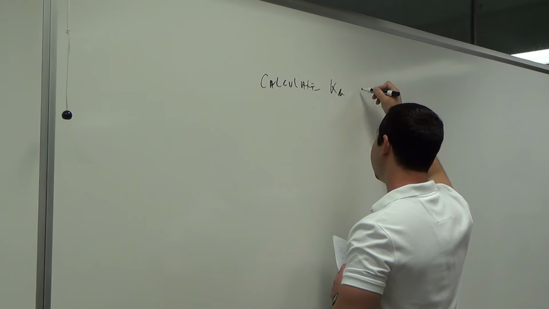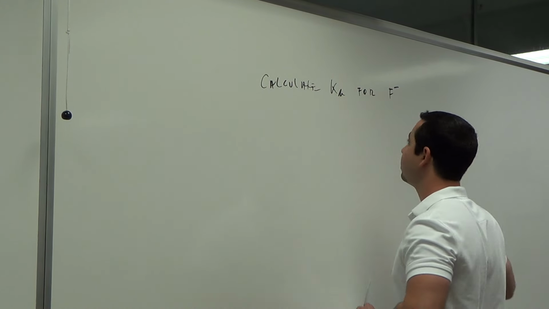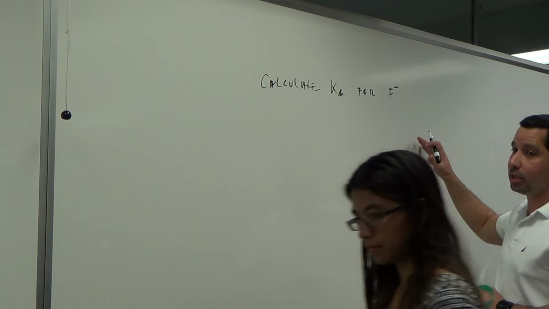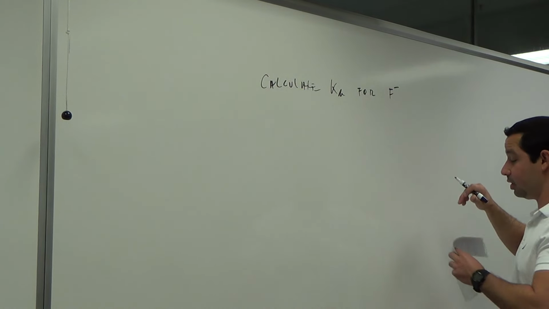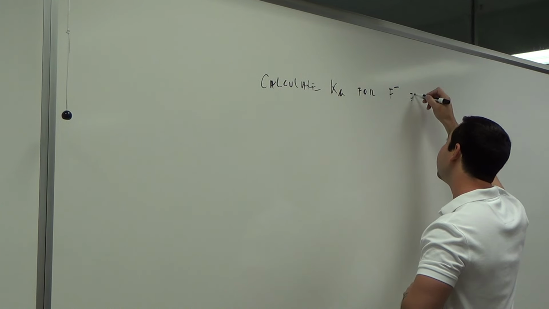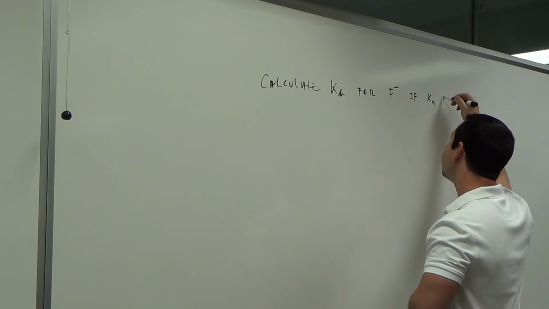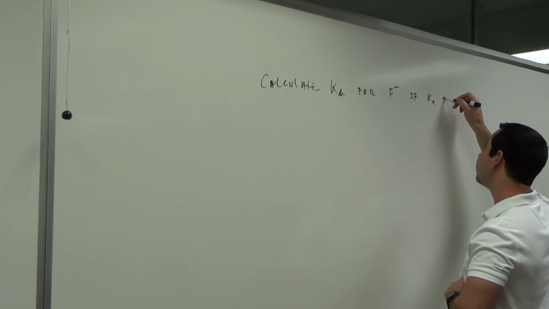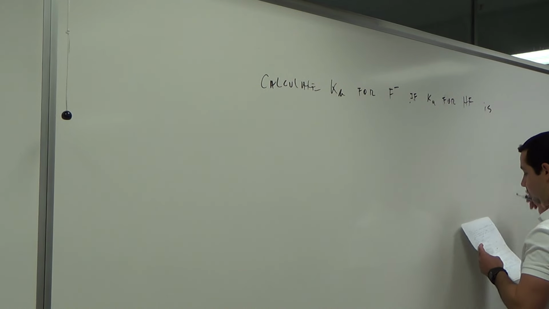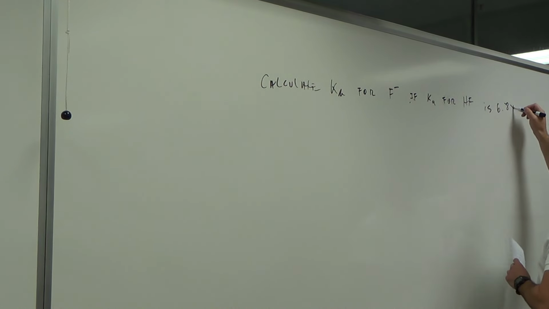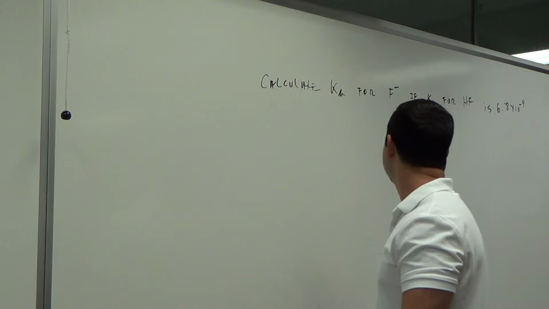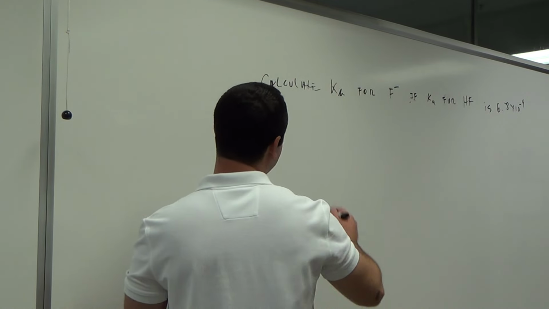Calculate Kb for F minus. So if I am asking for the Kb of F minus, I must have a Ka, yes? And the Ka is for the conjugate acid of this. Here you're given a Ka, and you need to find Kb.